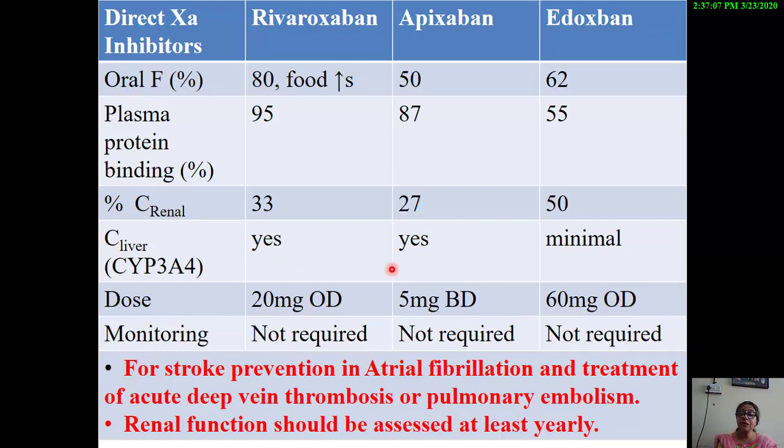Now, generally, when we talk about drugs being excreted by the kidneys and we talk about creatinine clearance, our stress is mainly on the lower levels of creatinine clearance, where we say that it should not be below a certain level, because if it is below that certain level, there are chances of overdose toxicity because of a reduction in the clearance of these compounds.